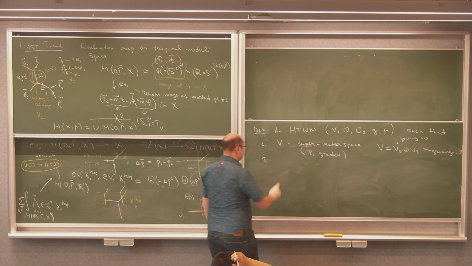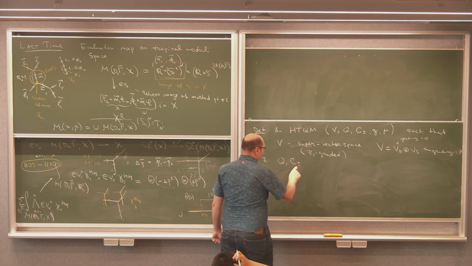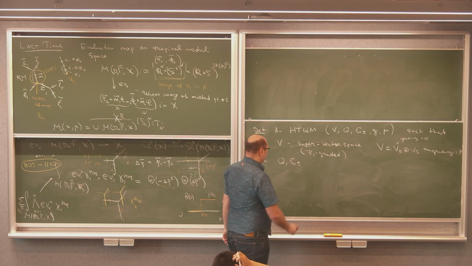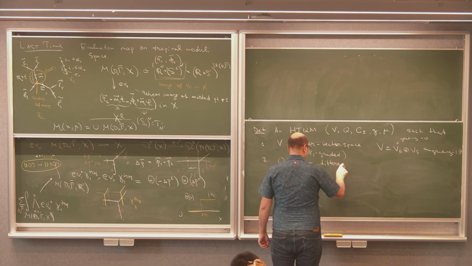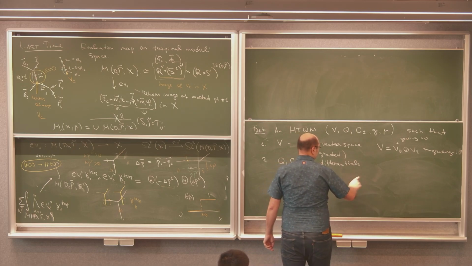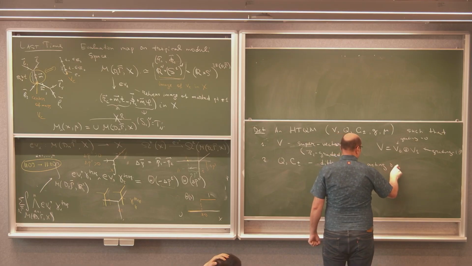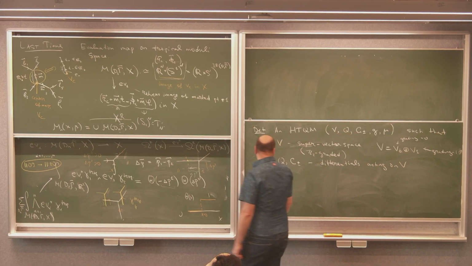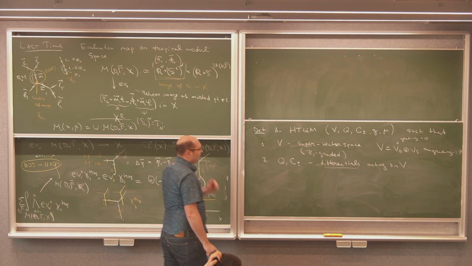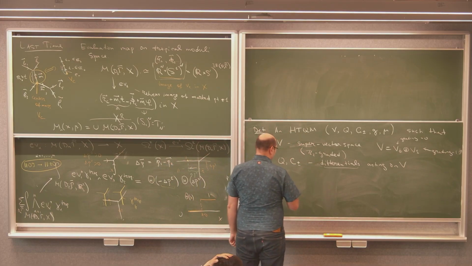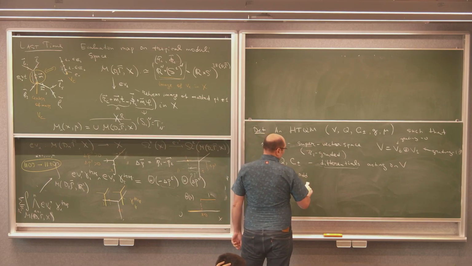Okay, so then Q and G plus minus are differentials acting on V. And here differential means that two properties are satisfied. So first, it means that it's an odd operator.